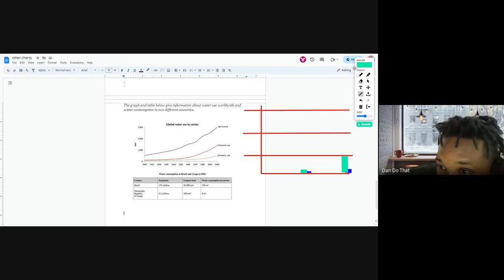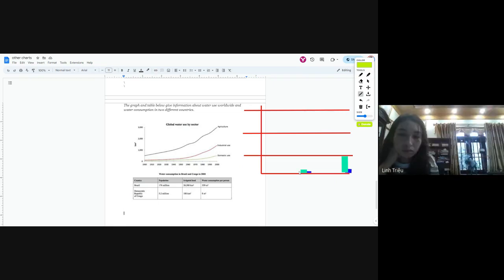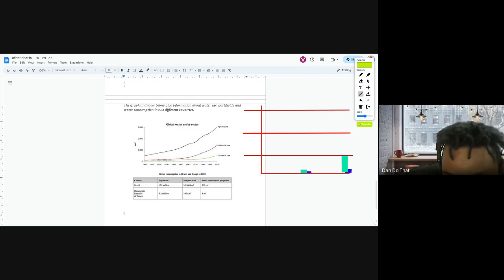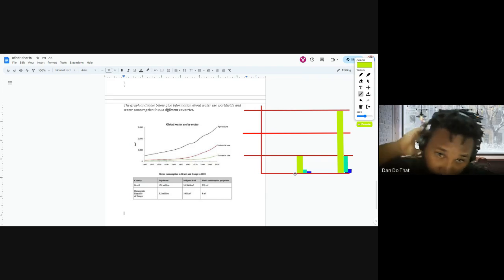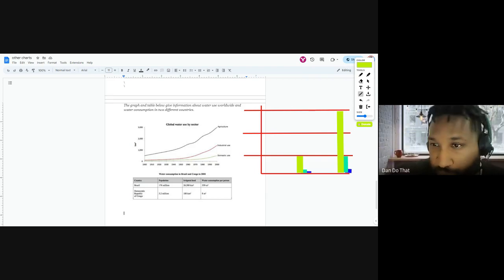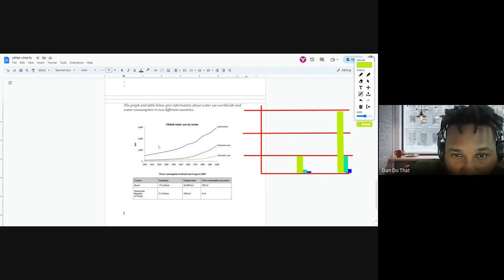And then we got agriculture. In 1950, agriculture is already at 1,000. And then 2000 is 3,000. That's my chart. That's the top chart.